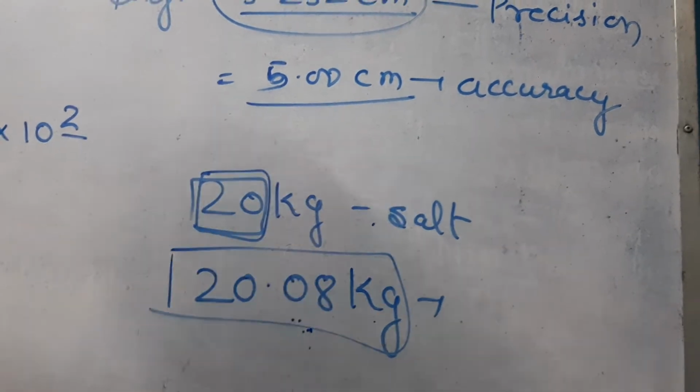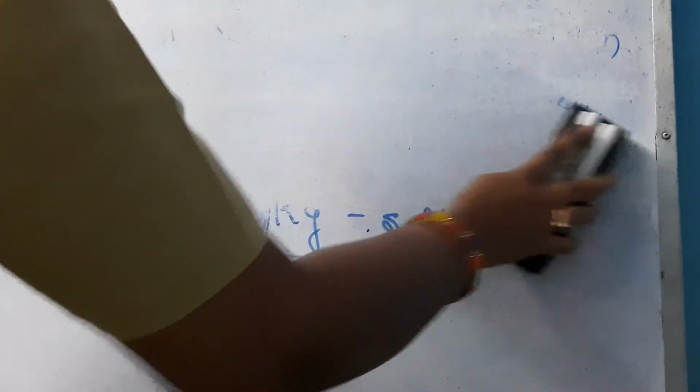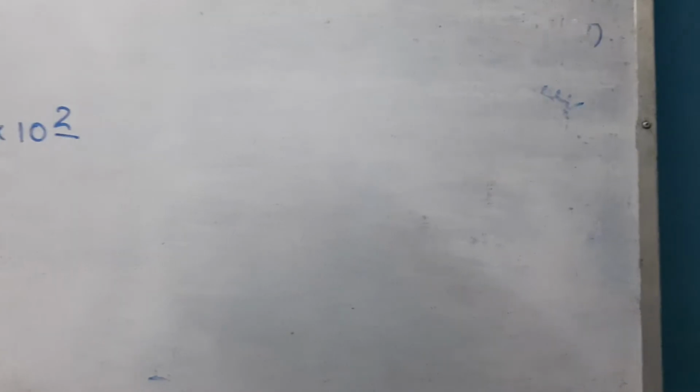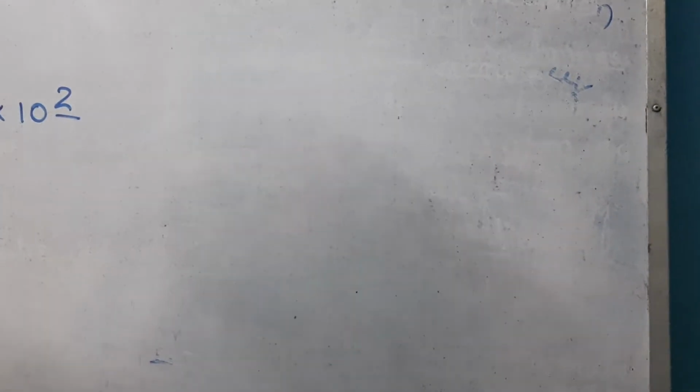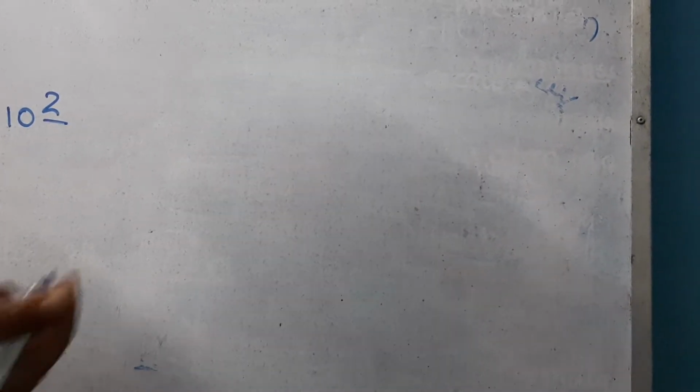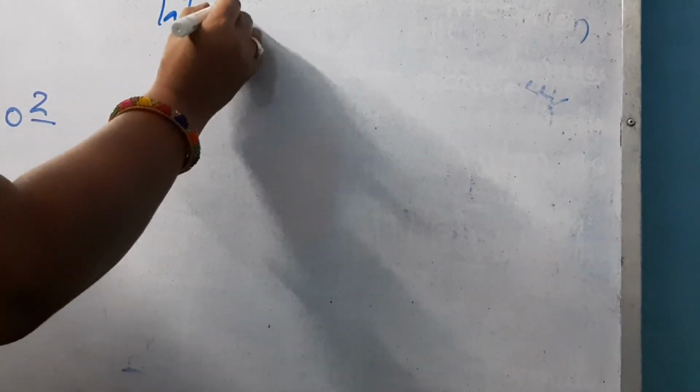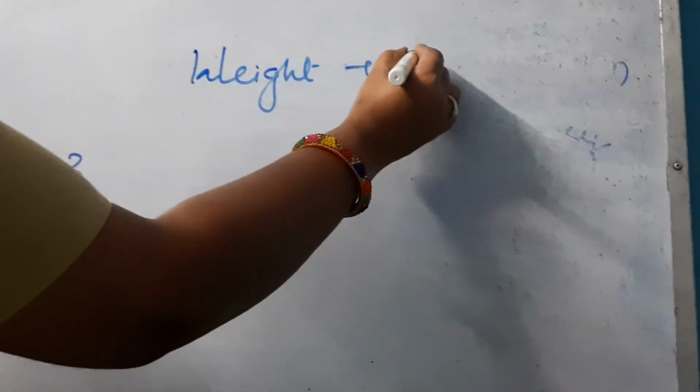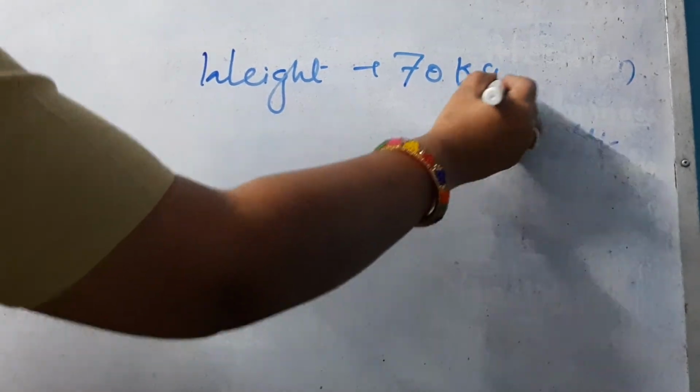Okay beta. Now one more thing, mass and weight. Suppose when I ask about your body weight, then you say my weight is 70 kg. This is your weight.